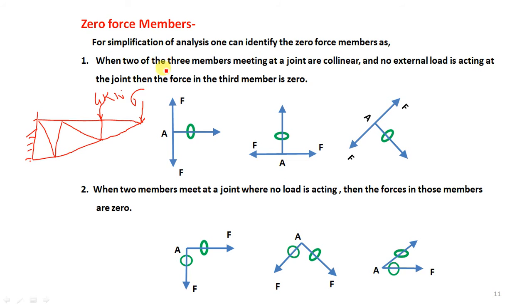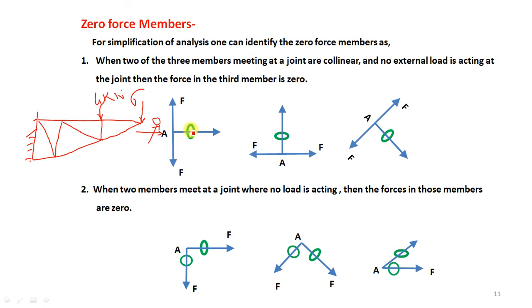First, when two of the three members meeting at a joint are collinear and no external load is acting at that joint, then the force in the third member is zero. Collinear means along the same line. So these two are collinear, this is the third member, and at this joint there is no external force present.